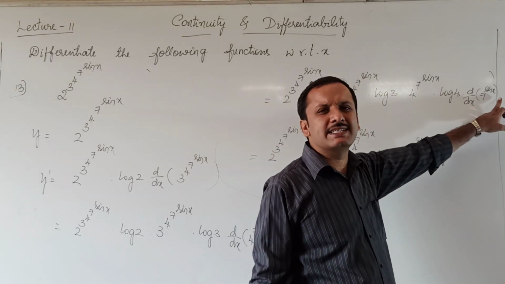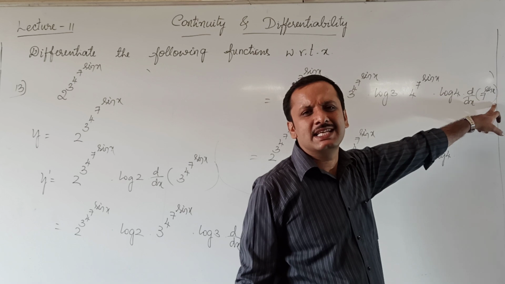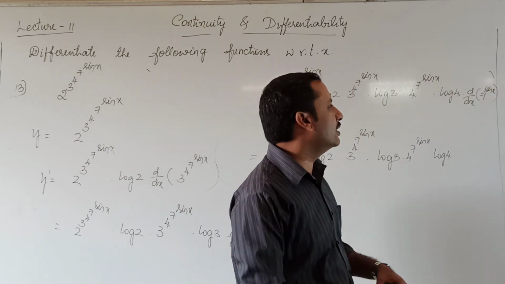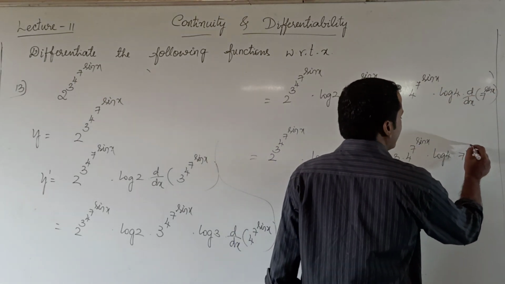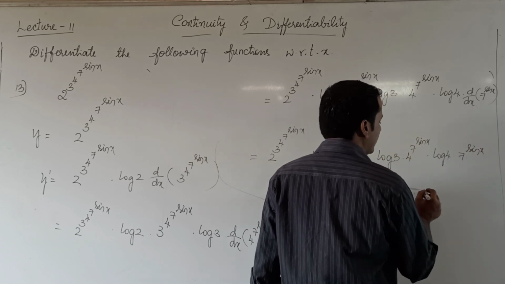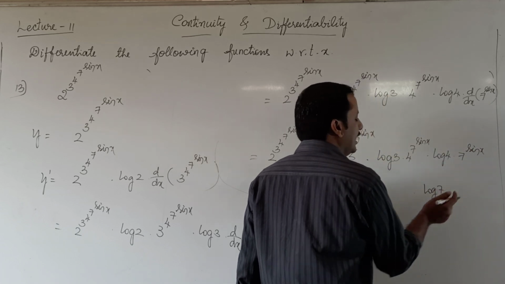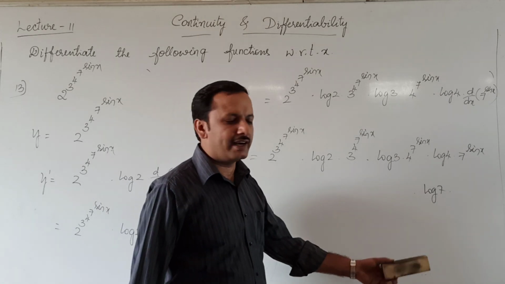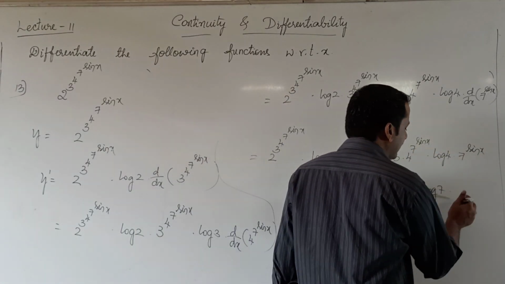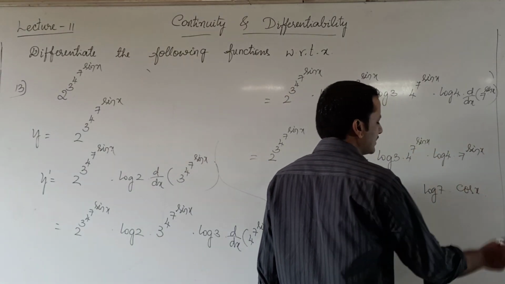Now 7 power sin x looks like 7 power x. The derivative of 7 power x is 7 power x into log 7. So the derivative of 7 power sin x would be 7 power sin x into log 7 into the derivative of sin x, which is cos x.